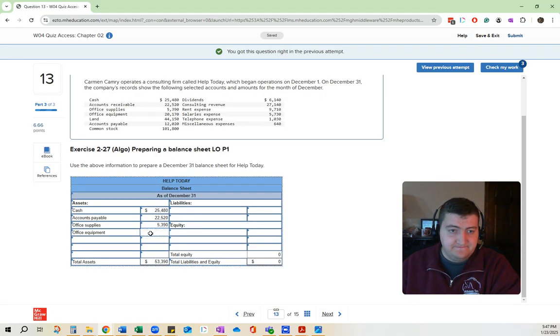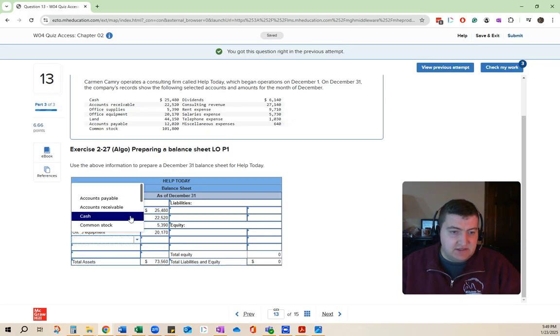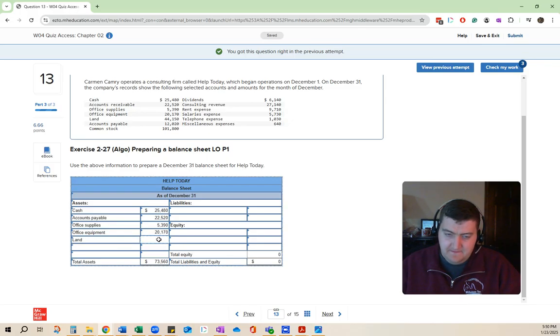There you go. All right, and then finally, our last asset is going to be land, so we're going to enter that in. And that's our asset side.